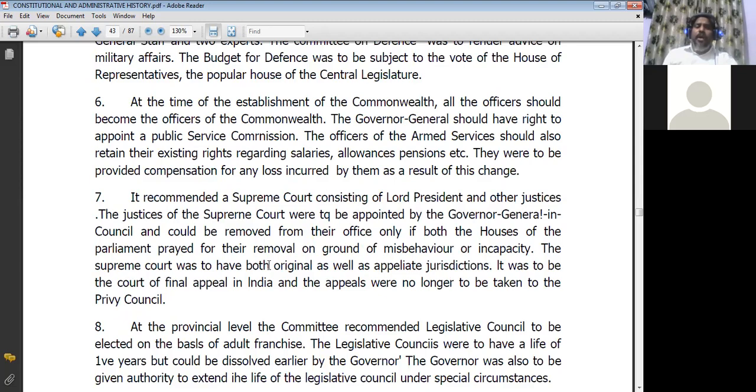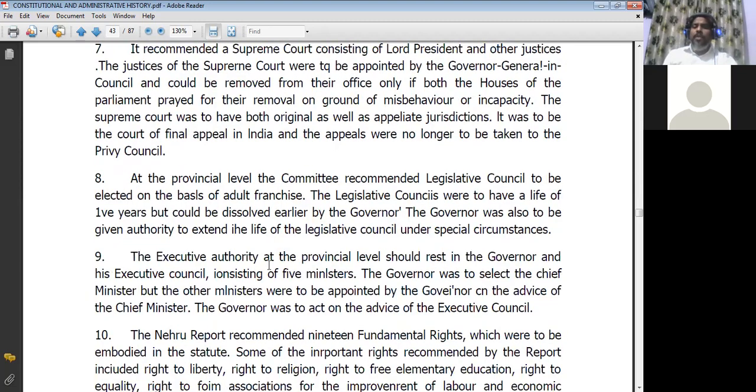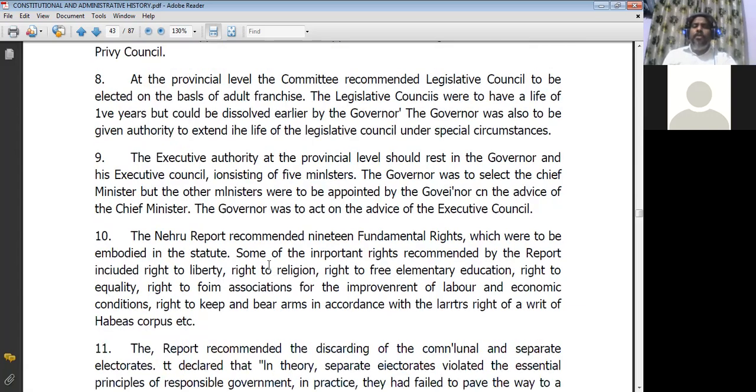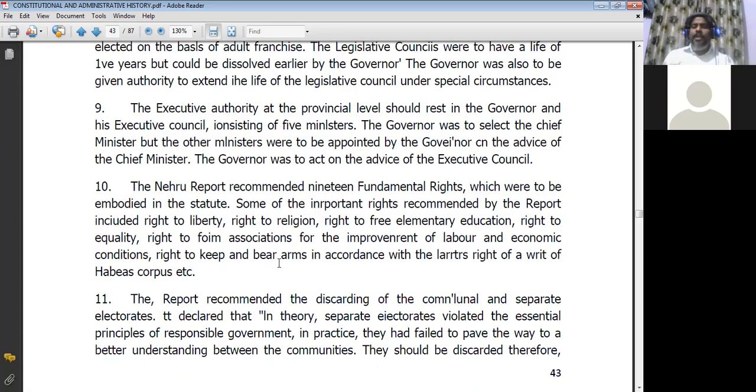And at the provincial level, the committee recommended that the legislative council be elected on the basis of adult franchise, and the executive authority at the provincial level should rest in the governor and his executive council. And the Nehru report recommended 19 fundamental rights, which were to be embodied in the state statute.